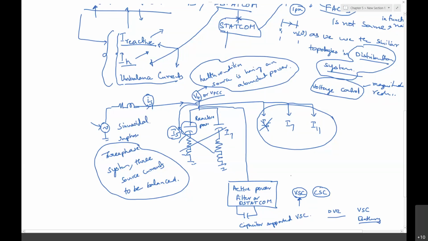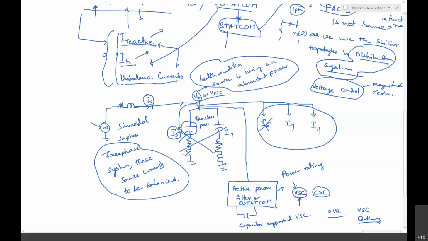One thing, especially when you go for a voltage source converter, basically an inverter: how is the power rating of this converter decided? The power rating of the DSTATCOM depends on the load it is connected to.